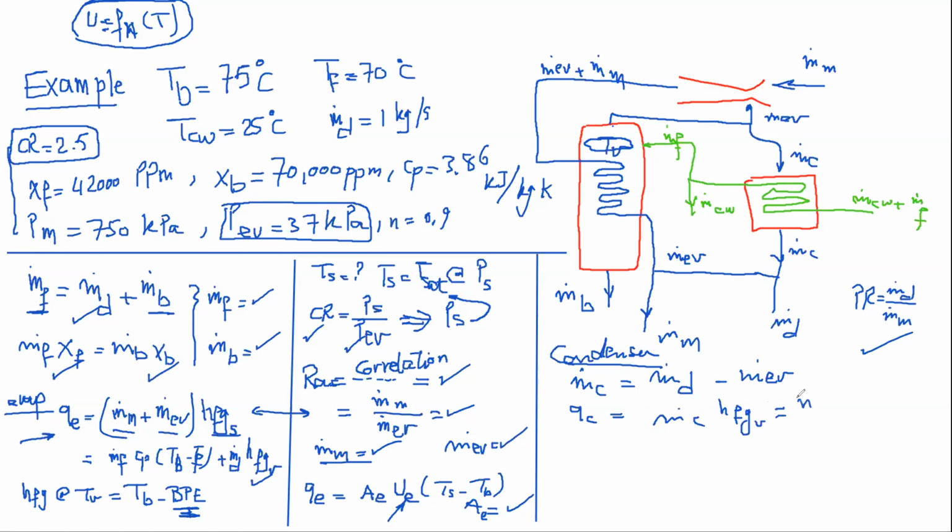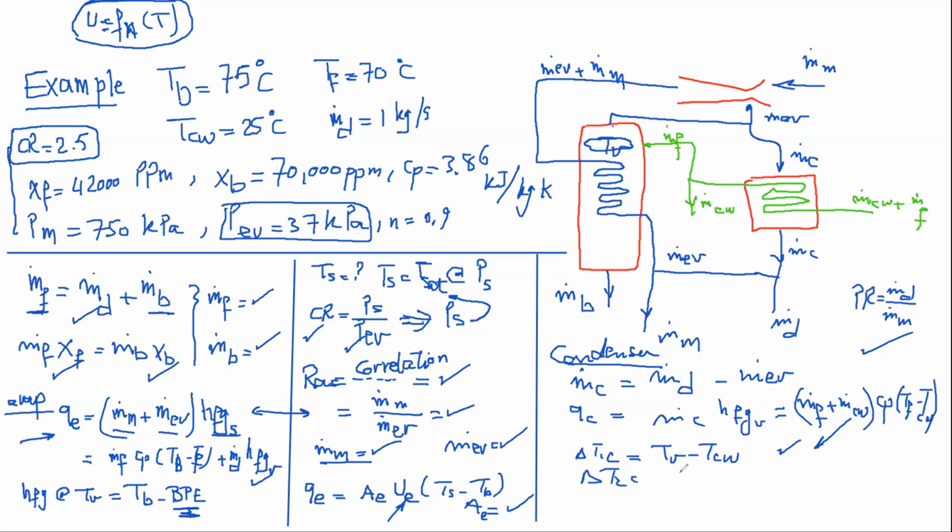This is equal to m dot feed, we know it, plus m dot cooling water, which is what we're going to determine, times Cp, given, times T feed minus T cooling water. So from this equation, we can determine the value of m dot cooling water. And we can say that our delta T1 in the condenser is equal to TV minus T cooling water.